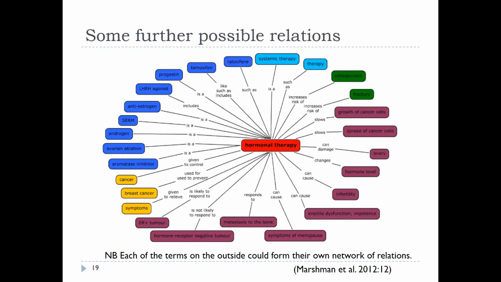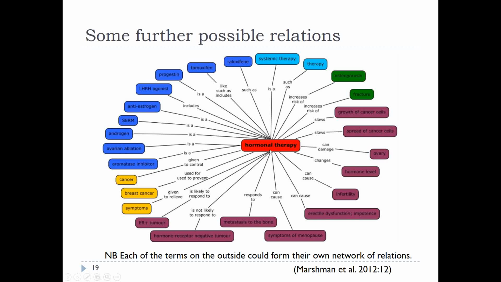Here's an image which illustrates this in a slightly more graphic manner. You'll see this one is focusing on the term hormonal therapy. And it shows how all the other terms round the edge refer to it. So you can see in the top left-hand corner, progestin is a hormonal therapy.